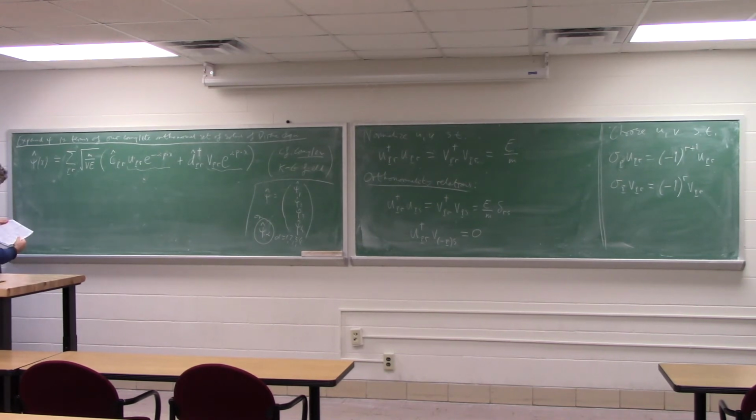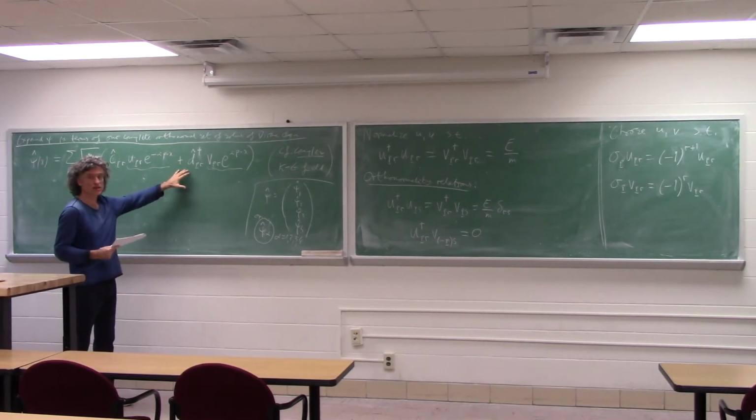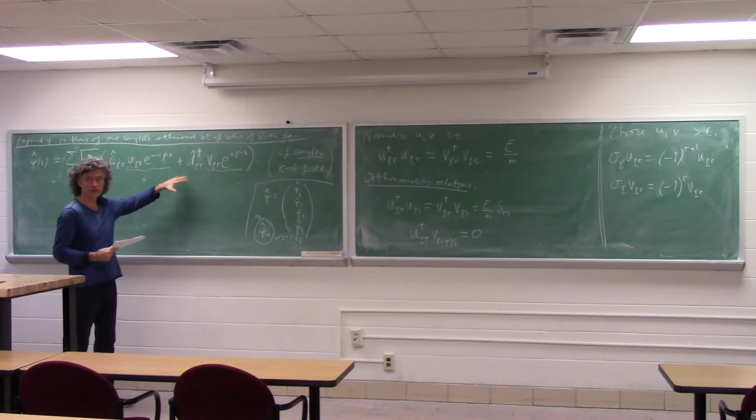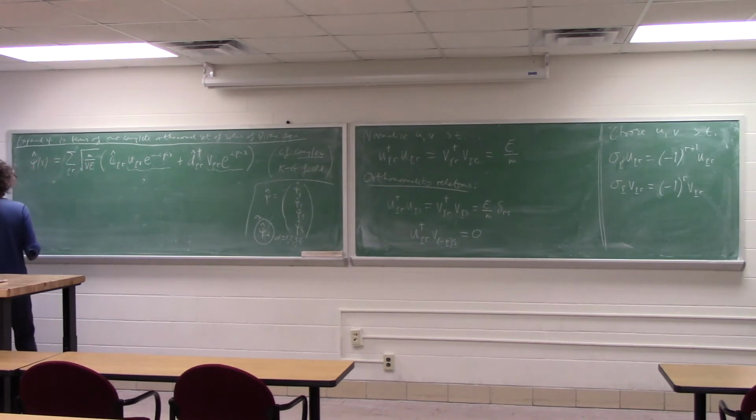Now you might think, okay, it looks just like the complex Klein-Gordon field, except it has 4 components. You might be expecting that we're now going to do what we did in the complex Klein-Gordon field. So let me just recap for the Klein-Gordon field.